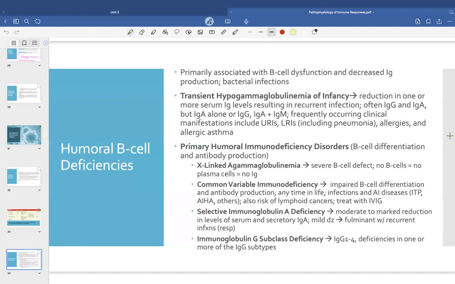It's associated with both infections and autoimmune diseases, including ITP, idiopathic thrombocytopenic purpura, as well as autoimmune hemolytic anemia. There's a few others. They're also at risk for lymphoid cancers, and we treat them with IV, intravenous immunoglobulin. That's common variable immunodeficiency.